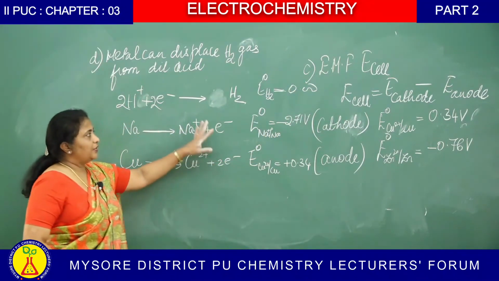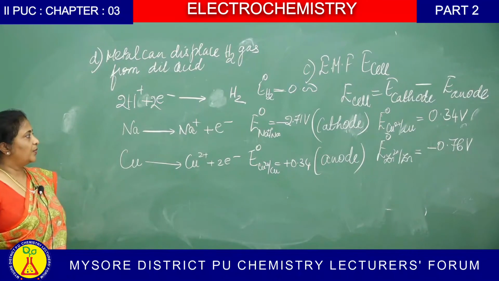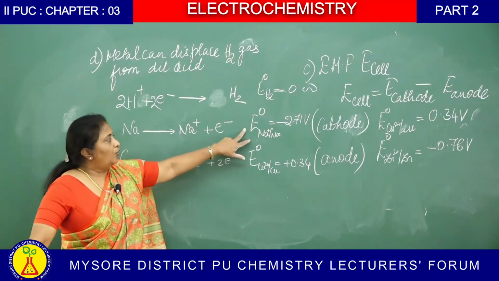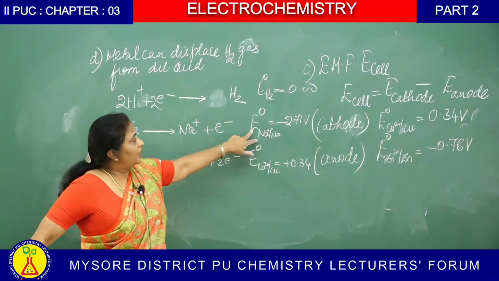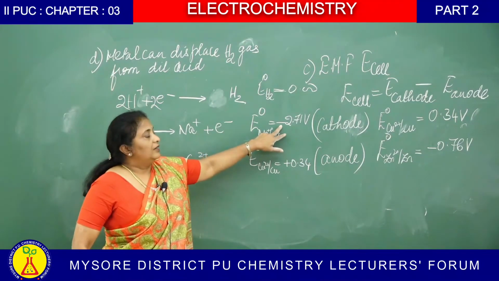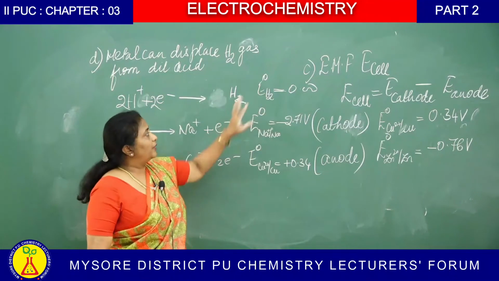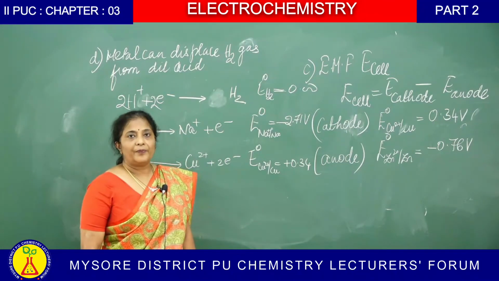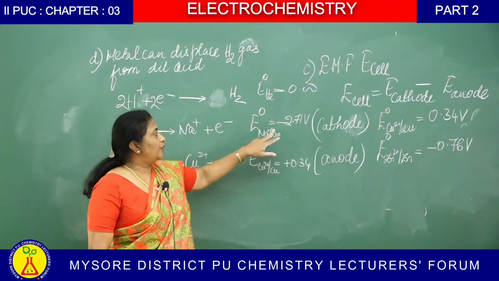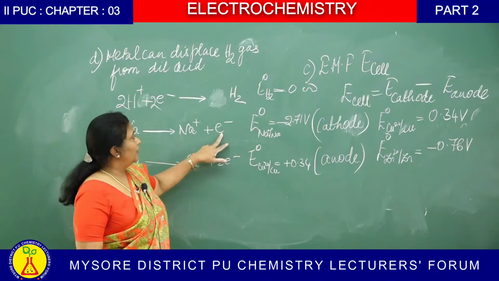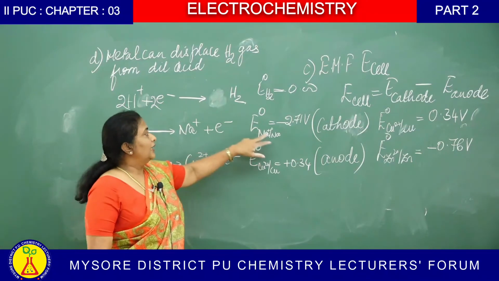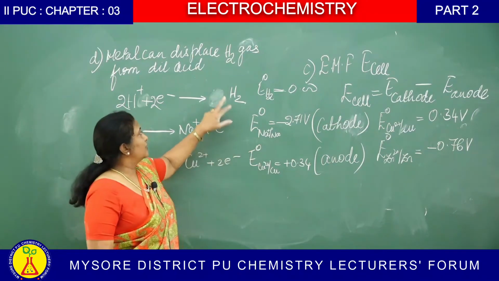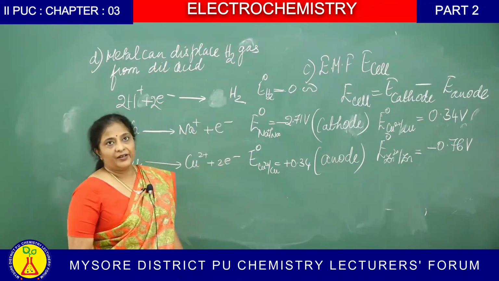When you compare the standard reduction potential, E naught of sodium is more negative than that of hydrogen. Therefore, sodium is capable of getting oxidized. So, it can give the electrons, and the electrons can be used to reduce the hydrogen.